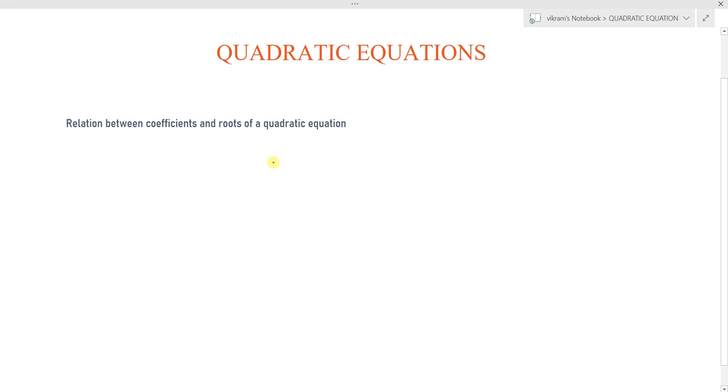Hi students, in the previous lecture we started quadratic equations. We learned what a quadratic equation is, the difference between the roots and solution of a quadratic equation, and the roots of the quadratic equation ax square plus bx plus c equals 0.